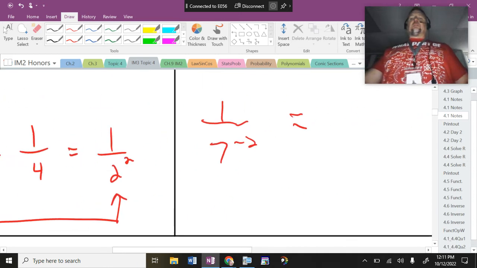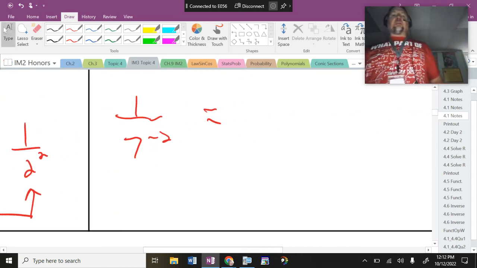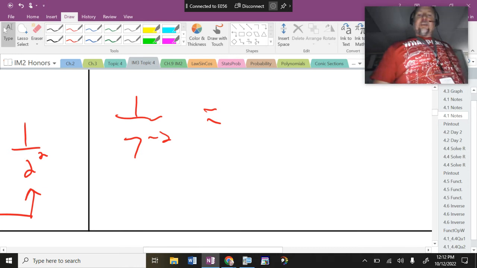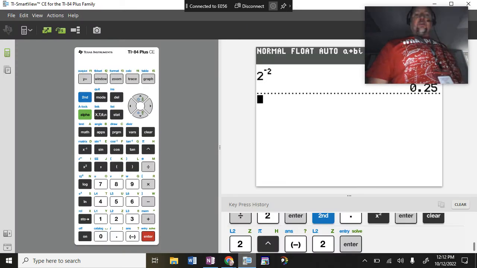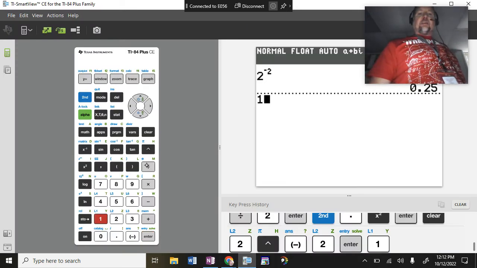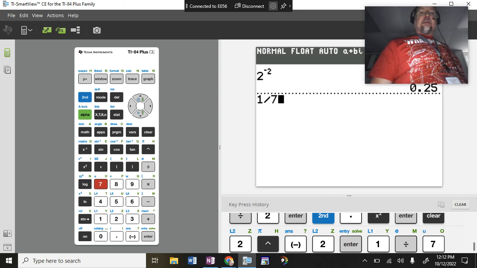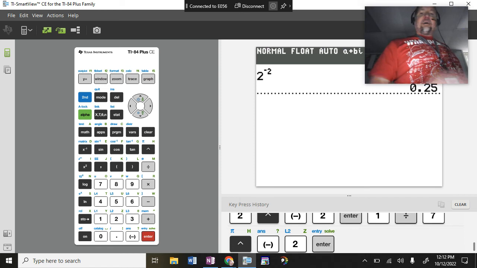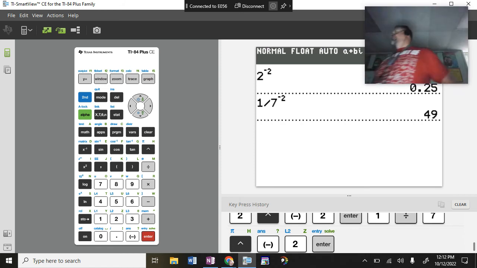Ooh, this is wild. Instinctively, what do you think this answer is then? 3, 2, 1, go. Anyone? Oh, I heard it. I heard someone say 49 over here. And you're actually right. So I'll do it on the calculator as a trust exercise. 1 divided by 7 to the -2. Enter. 49.